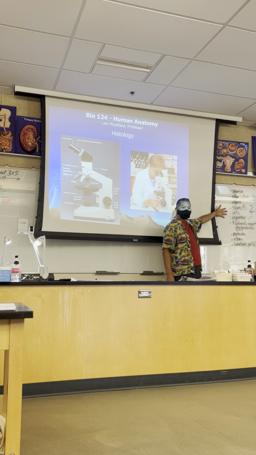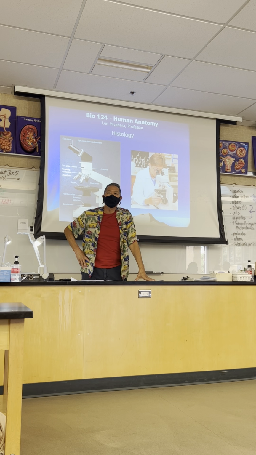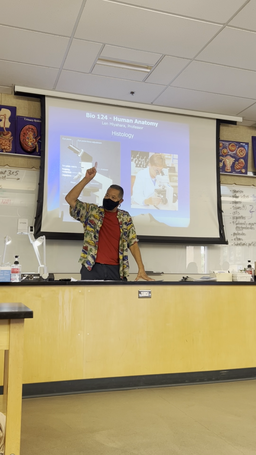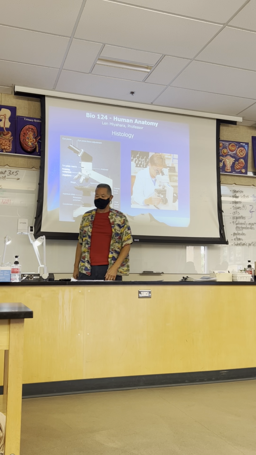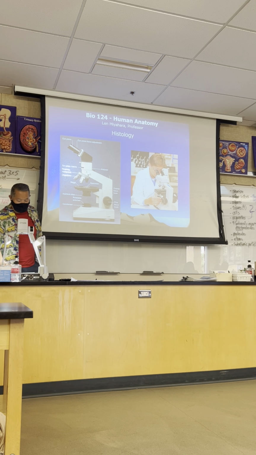Fourth is nervous tissue. Next week we're going to add the integumentary system. But today it's just the 4 tissue types. 1, 2, 3, and 4. Keep it in order. Okay?